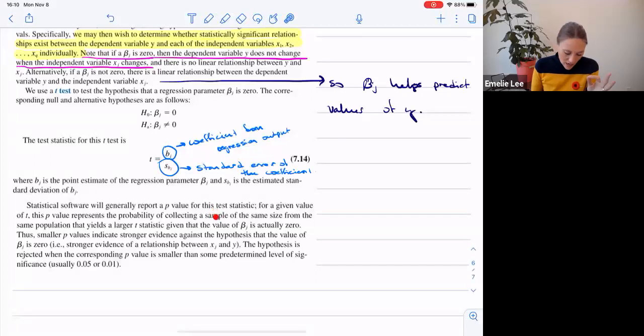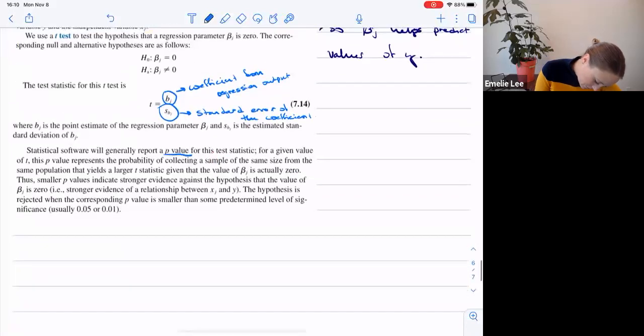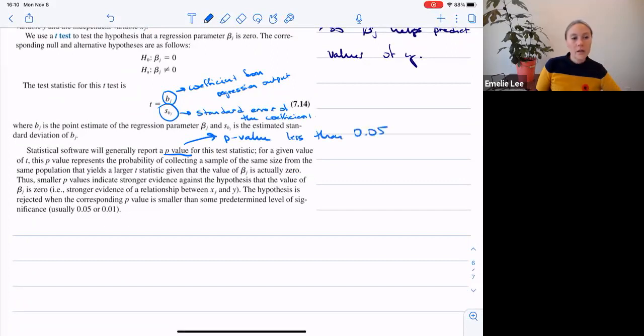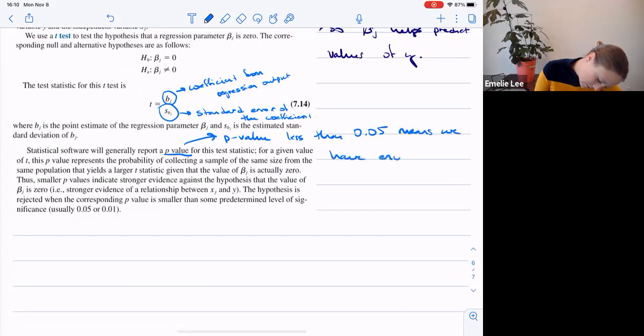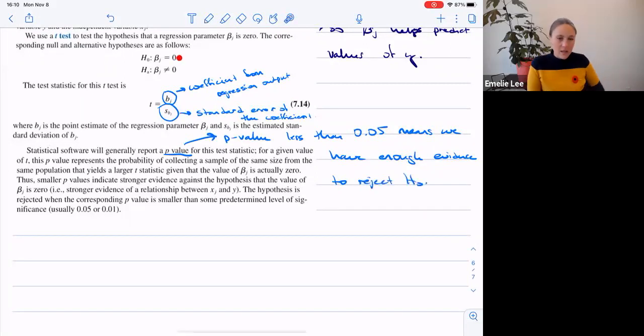So the key is, once you have a p-value, a p-value less than 0.05, typically, means that we can reject H naught. It means we have enough evidence to reject H naught, which in this case, if we're rejecting that this coefficient is basically 0, then we're saying, okay, no, there is some relationship here, right?